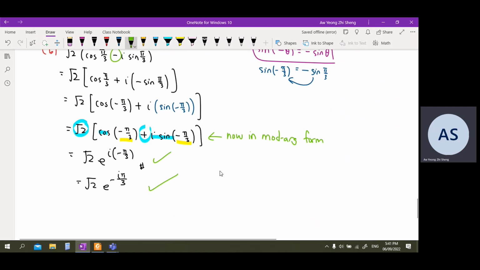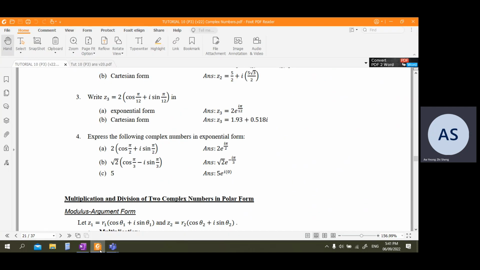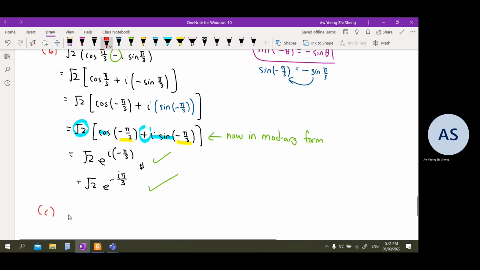Right. Now let's move to question C. Question C is just a single number 5. And how do we convert it into exponential form? Well, we know the exponential form needs to be in the form r e to the I theta, where your r needs to be a positive real value or positive constant.